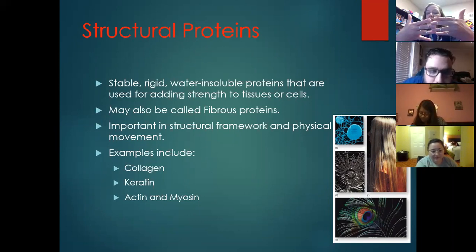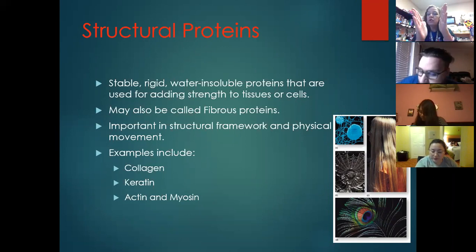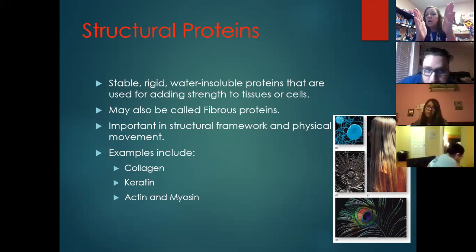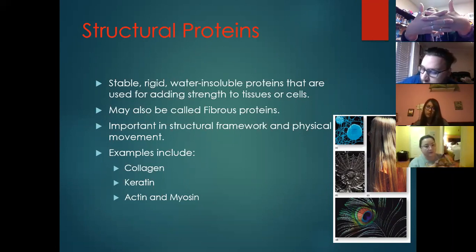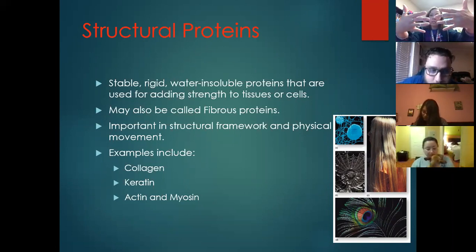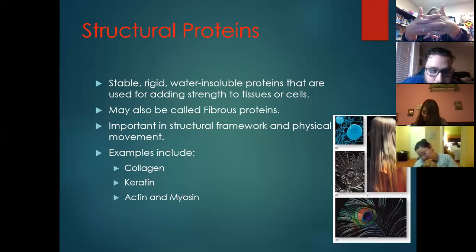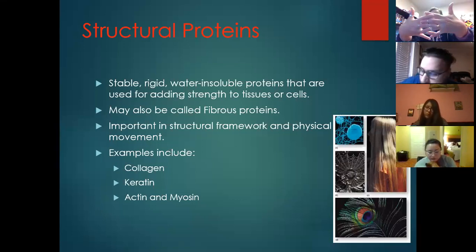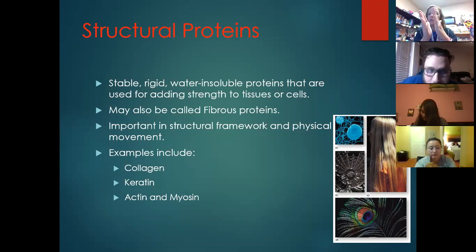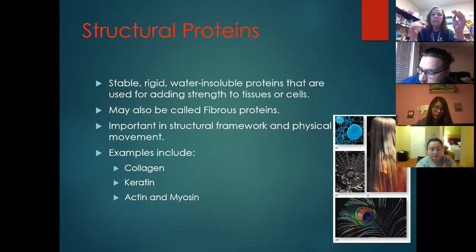And then something magic happens, and these two proteins ratchet over each other, causing the muscle to contract towards the middle. And then something else happens and it causes it to relax and unratchet. And that's how your muscles work. They constantly ratchet back and forth, contracting towards the middle and relaxing. The two proteins responsible for that are actin and myosin.